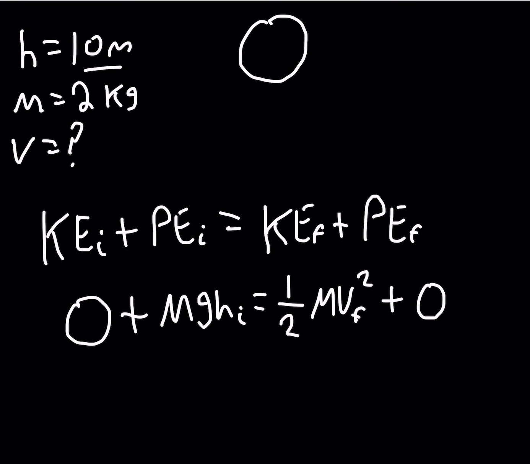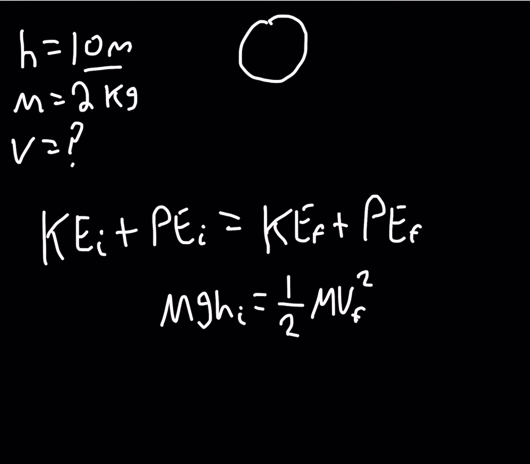I know I said that this is right just before hitting the ground, but if we're talking about just before hitting the ground, that height is so small, it's basically negligible. So that's why we're saying it's 0. So we can erase these 2 zeros, which will give us that our initial potential energy is going to equal our final kinetic energy.